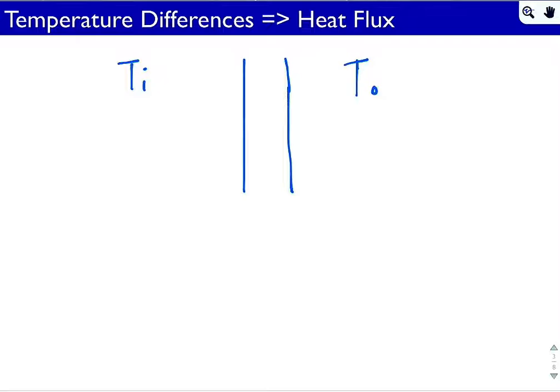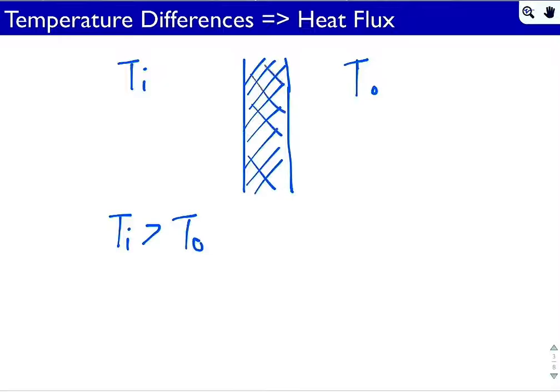Now, if you think just intuitively, if Ti is greater than T out, and these bars are the wall, and this wall can be filled with some medium, it could be glass or aluminum or fiberglass or vacuum or foam, whatever it is, this is the wall. And if Ti is greater than T out, intuitively we would say that the heat moves from the inside to the outside.